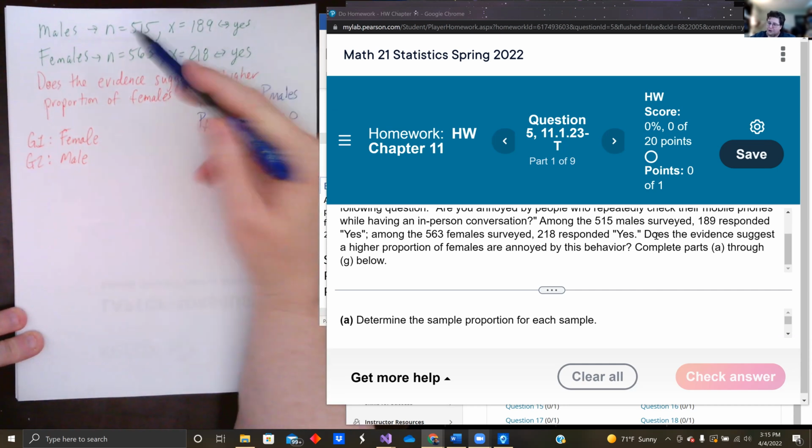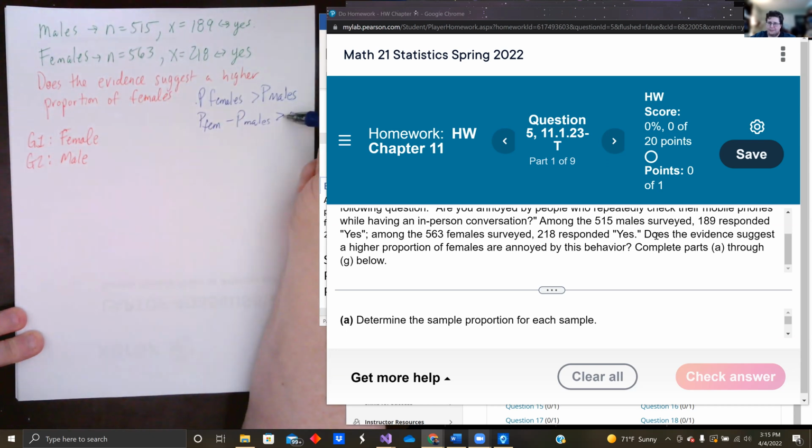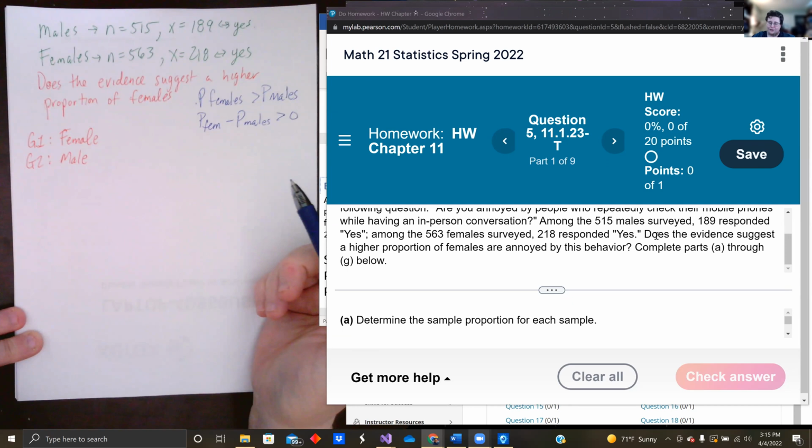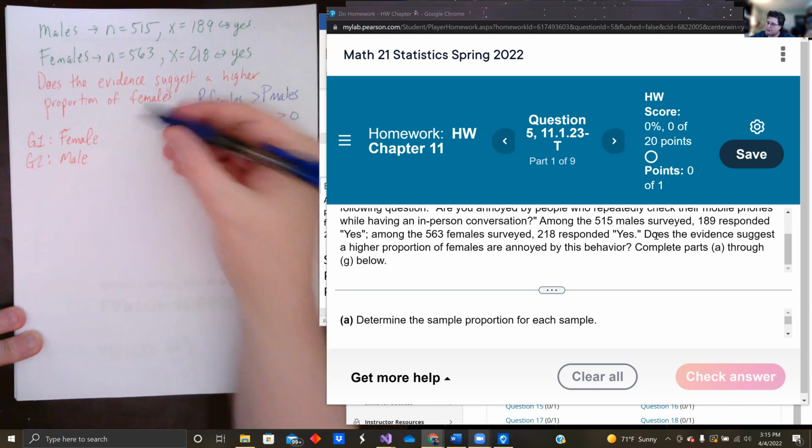If I put the men first and the females second, this is going to be the wrong symbol. And looking at a less-than symbol and thinking higher just does not work for my brain. If it works for your brain, go for it. But for me, I need it this way.